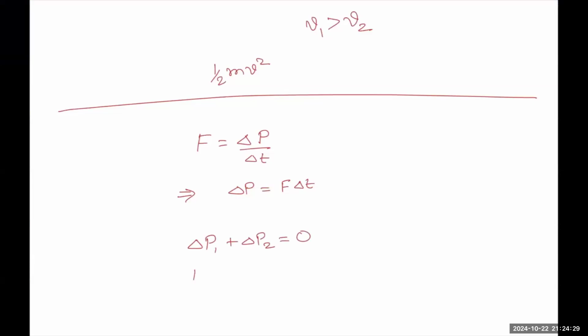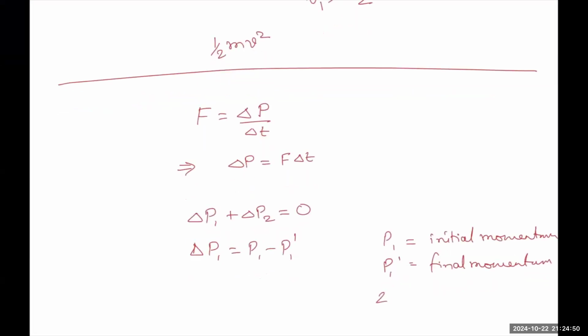So now suppose delta P1 is equal to P1 minus P1 prime, where P1 is the initial momentum and P1 prime is my final momentum, right? So delta P is P1 prime minus P1, final minus initial.